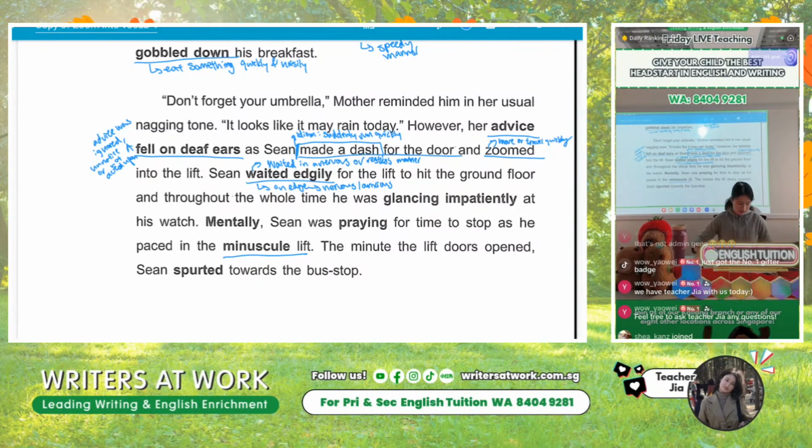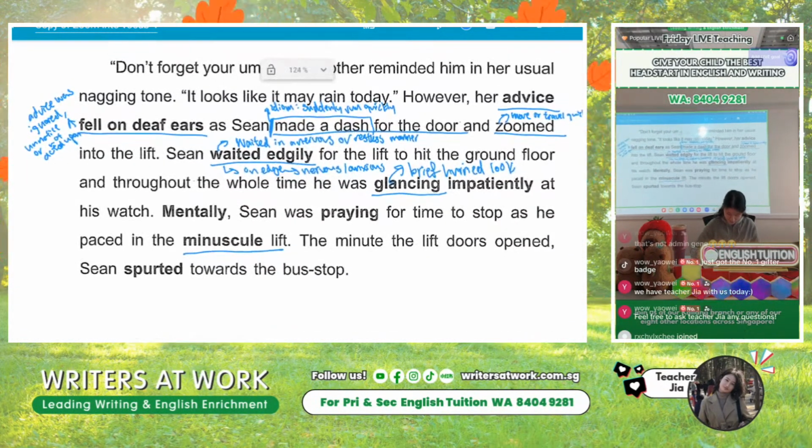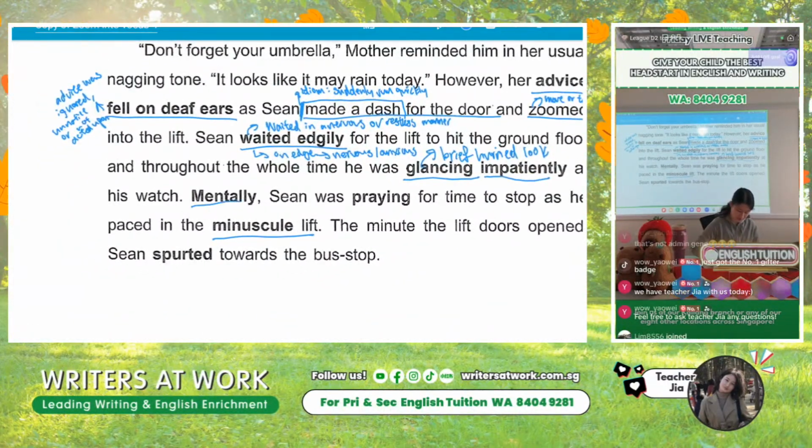Glancing impatiently. We know what glancing means. Glancing means you're looking at something not directly, but you're giving it a very brief and hurried look. Okay, and impatiently, we know what it means. It means you're waiting for something in a very impatient way. Mentally. Okay, now this word mentally, it means that in his mind, okay?